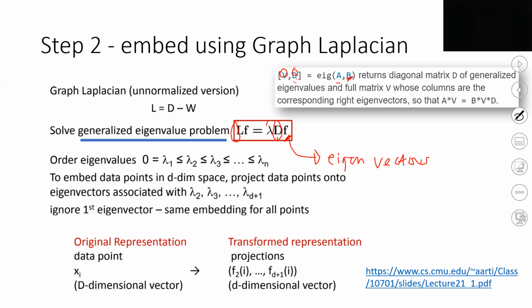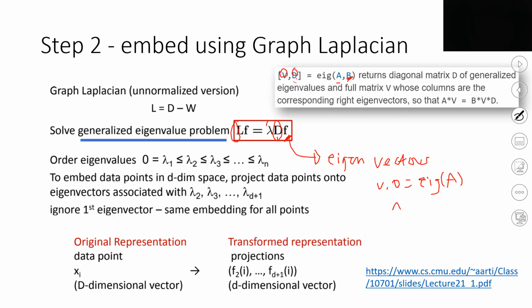In the regular form, you have A times V equals V times D, the eigen decomposition of A. In the regular form, you just take only one matrix.